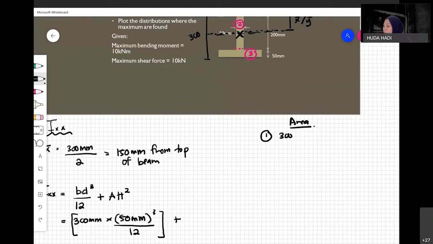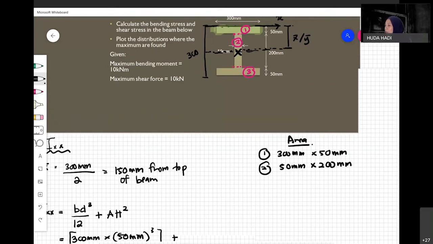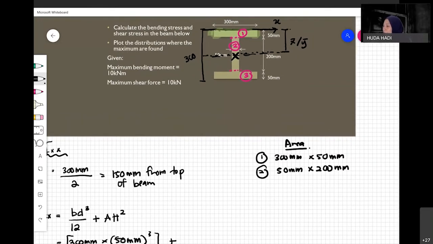So 300 mm by 50 mm. Area number 2 is 50 mm times 200 mm. Okay, can't see. Sorry. Okay. Right.